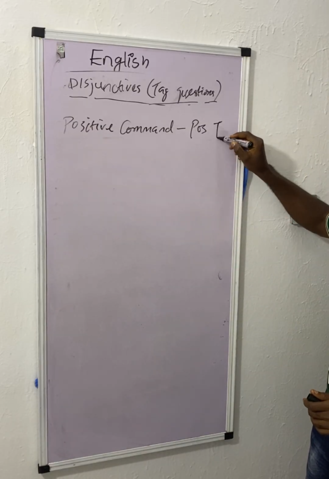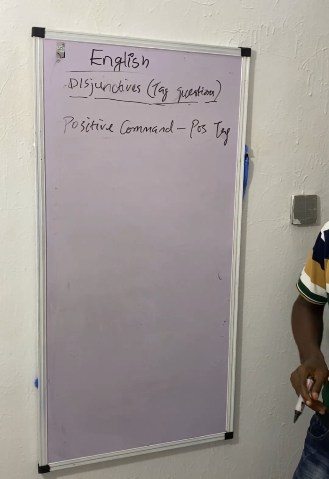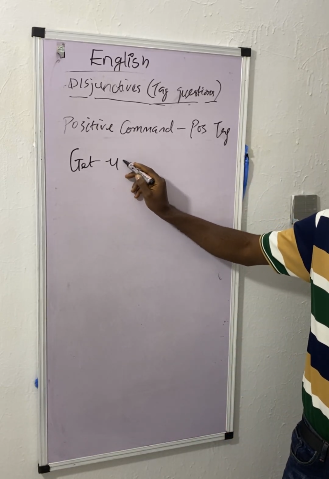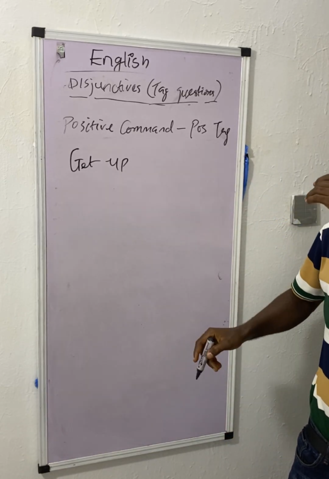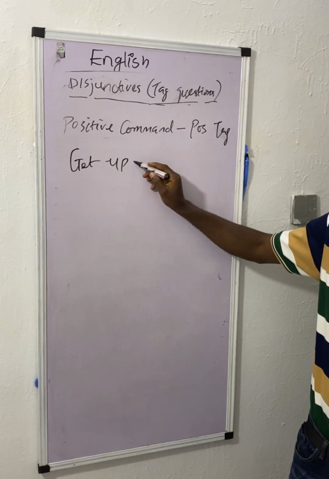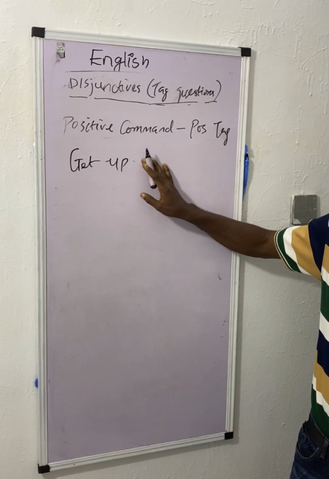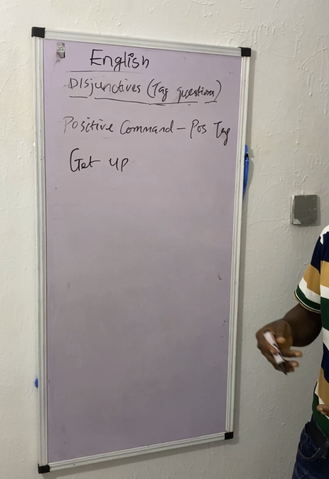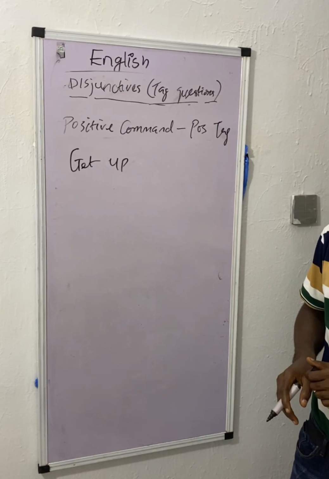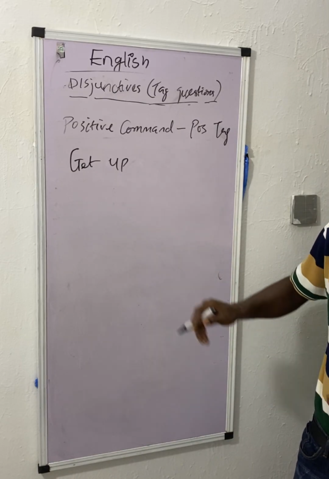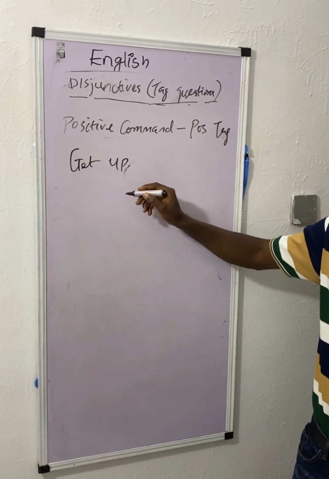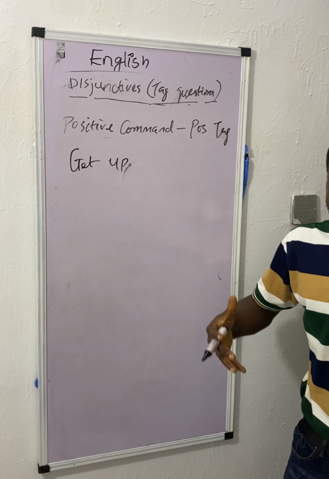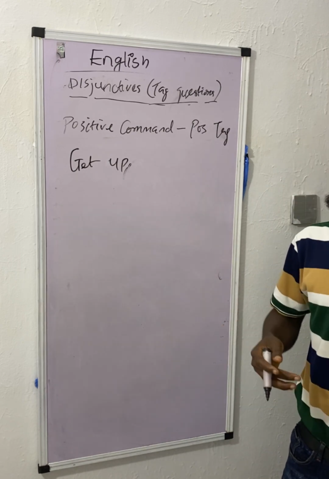For example, get up. This is a positive command. So remember, if you don't have an auxiliary, what do you use? You use don't. You can use will. You can use can. So here, since we are talking about a positive command, the command here is get up.